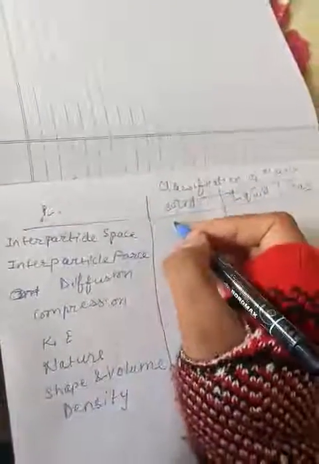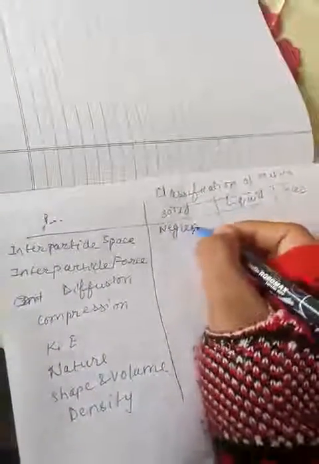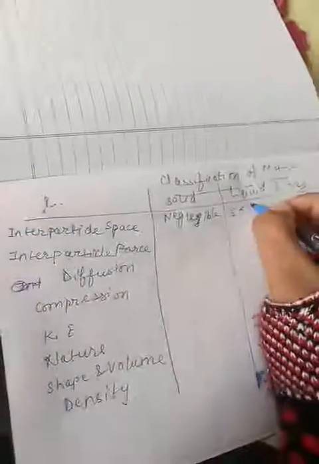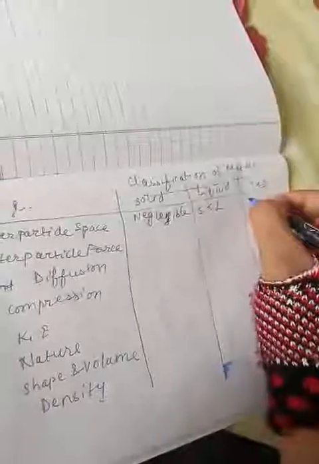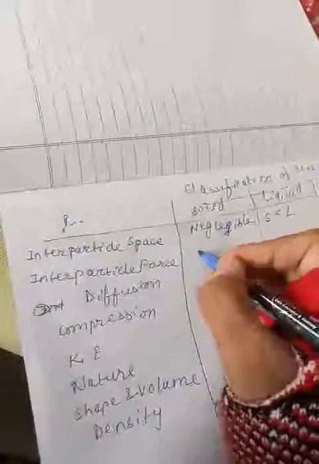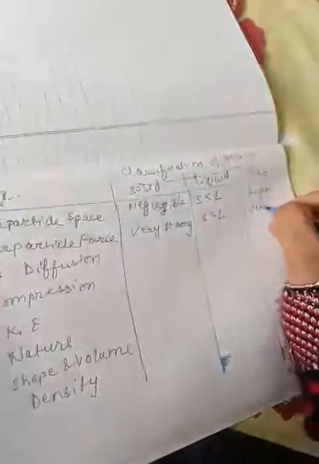Interparticle space is negligible in solids. Interparticle space in liquids is more than solids. Gas has high interparticle space. Interparticle force is very strong in solids. In liquids, interparticle force is less than solids. In gases, it is very weak.